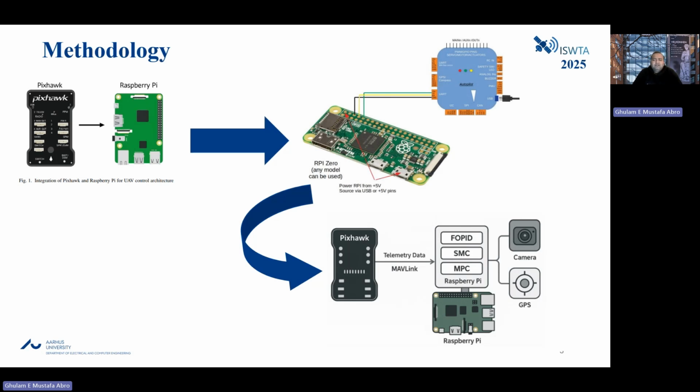Pixhawk then triggers the motors of our quadrotor, and it will perform the maneuvering. An additional advantage of using Raspberry Pi is that we can connect GPS directly with Raspberry Pi and a camera as well. So it comes with computer vision support as well.